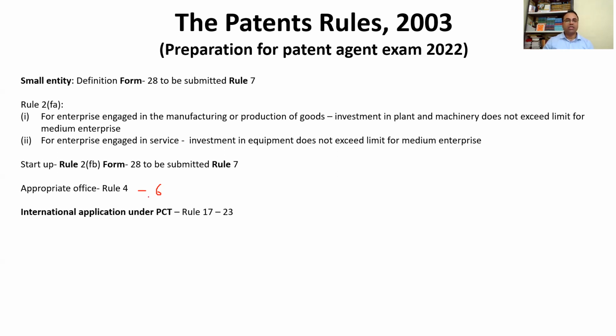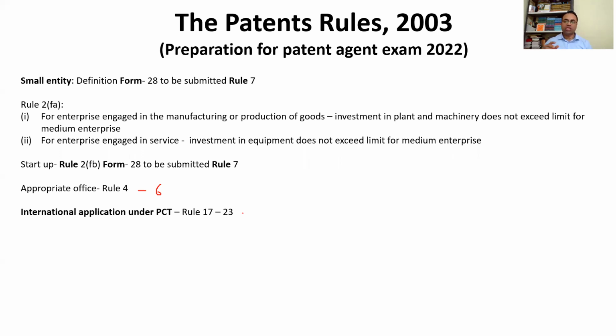Then again, international application for PCT, rule 17 to 23, that I already mentioned. Just read this and then you will know what is home copy, what is record copy, what is search copy, what are the dates, what is receiving office, what is search authority.